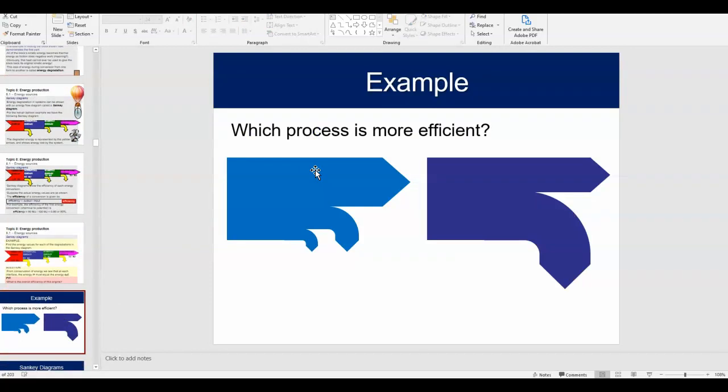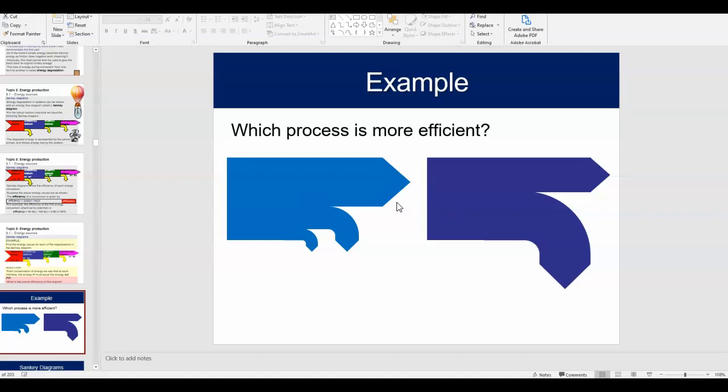Okay, and so we'll talk about some key elements of Sankey diagrams and how to draw and interpret them. But take a look at this picture, and it says which process is more efficient. Okay, so we've got two Sankey diagrams, and nothing is labeled, but just based off of how the arrows are drawn, which of these processes is more efficient, the one on the left or the one on the right? Okay, well, remember efficiency is output over input. The input appears to be the same because the width of the starting arrow is the same in both pictures.